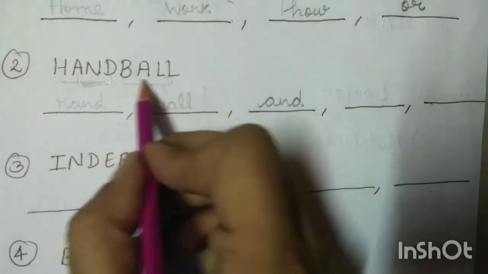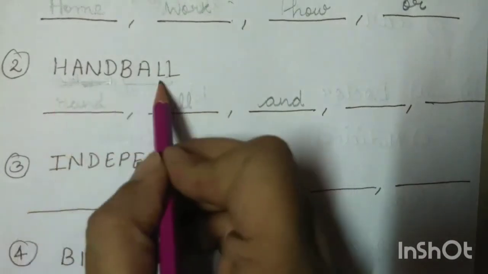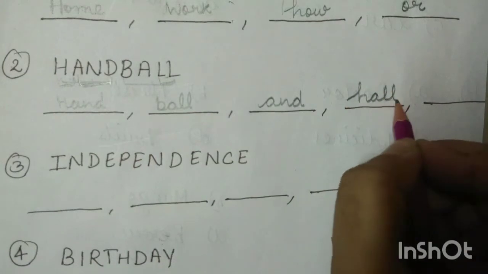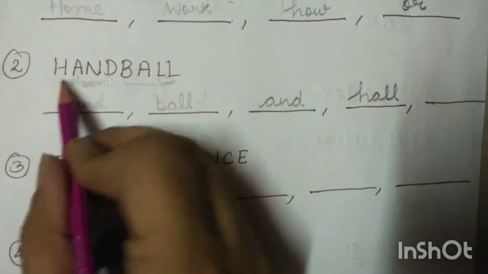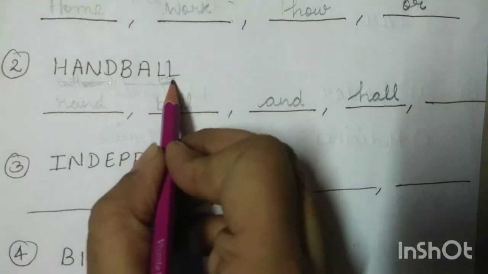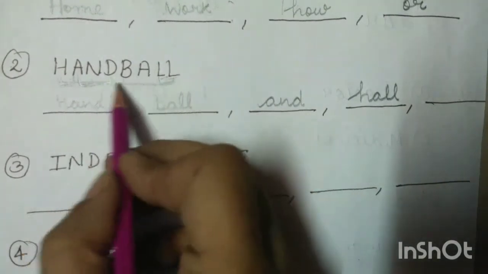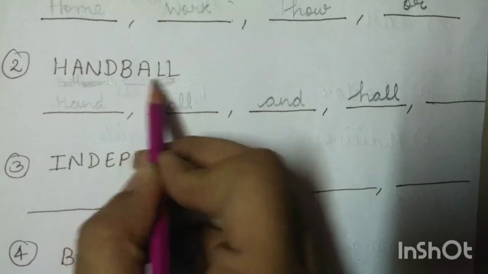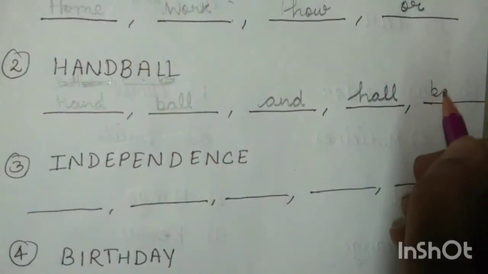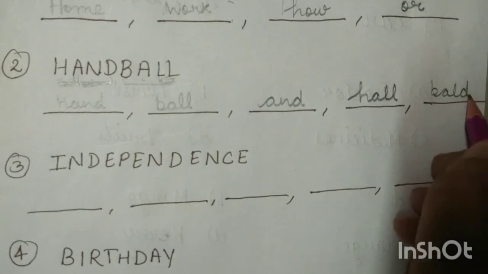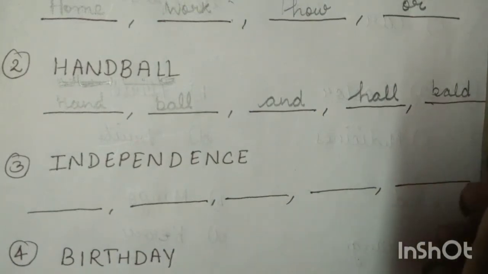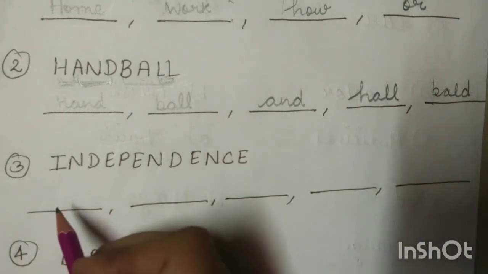And hall, H-A-L-L, hall. Yes, hall also has a meaning. And bald, B-A-L-D, bald. Yes, bald also has a meaning. So like this way we have to do the third one.